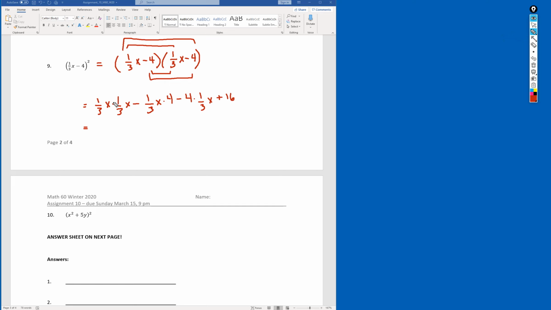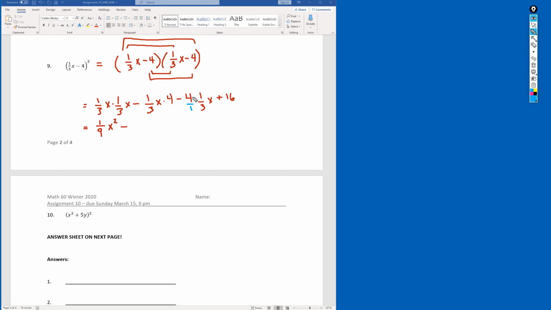Okay, so 1/3 times 1/3, just multiplying fractions, multiply the tops. 1 times 1 is 1. The denominators, 3 times 3 is 9. And then x times x is x squared. All right, then minus. Let's come over to this one first. We can think of this as 4 over 1 times 1/3.